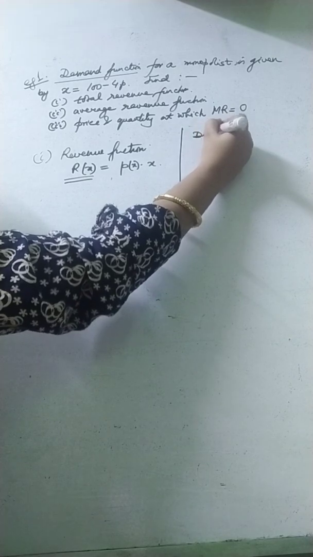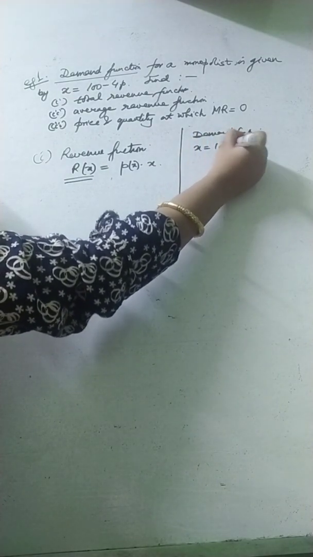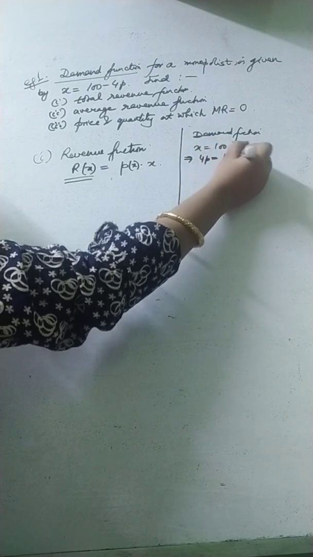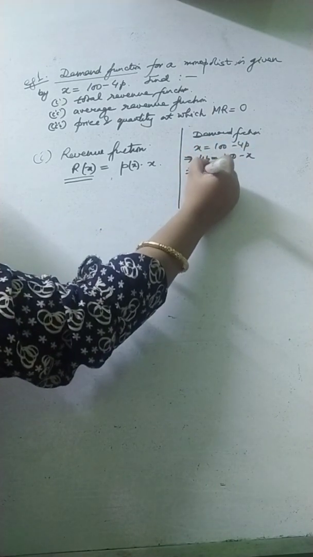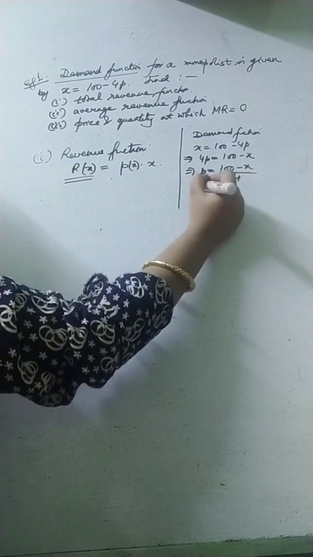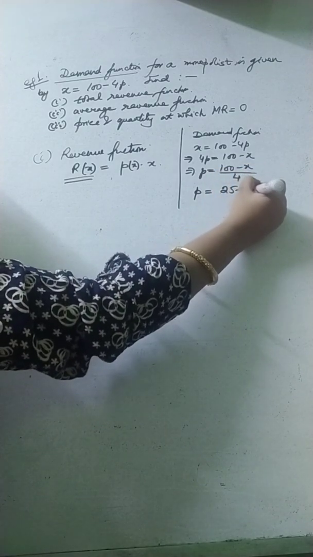In the rough work column, write the demand function. Here it is given as x = 100 - 4p, which should have been given as p equal to something. So 4p = 100 - x, so p = (100 - x)/4, which can also be written as 25 - x/4. So this is your demand function.